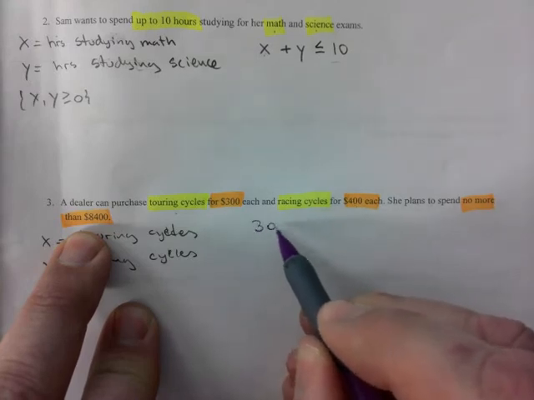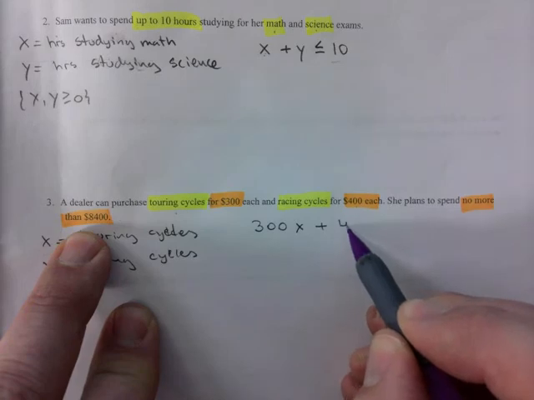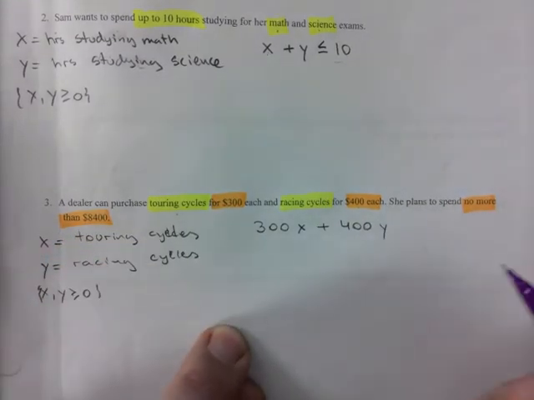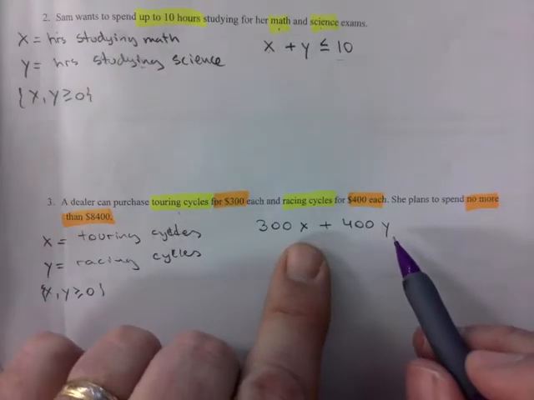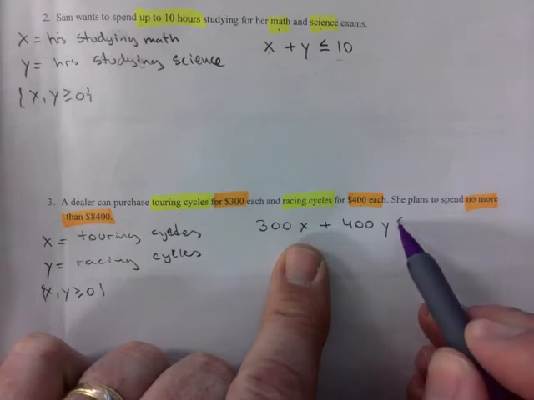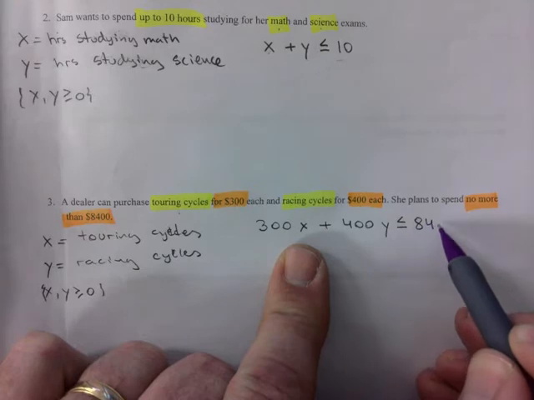So if it's $300 for the touring cycle and $400 for every racing cycle, that combination, whatever combination, would have to be no more than $8,400. So it's less than or equal to $8,400.